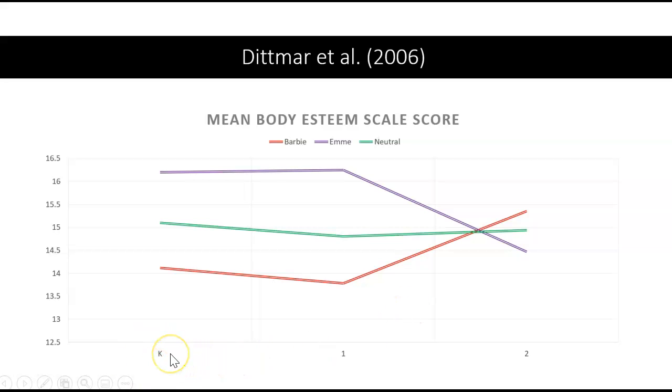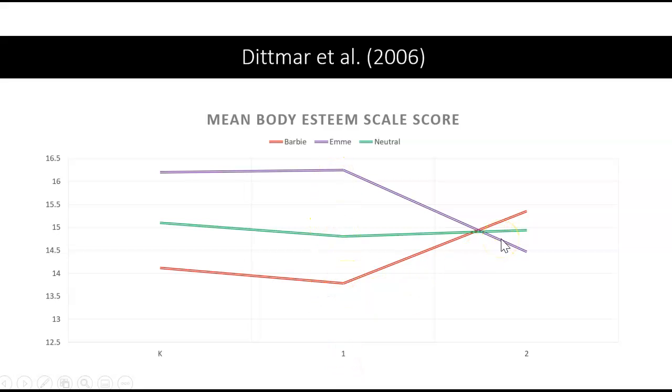For the kindergartners, obviously what you see is non-parallel lines, right? For the kindergartners, you have the Barbie producing the lowest body esteem, the neutral category in the middle, and the Emmy doll the highest.